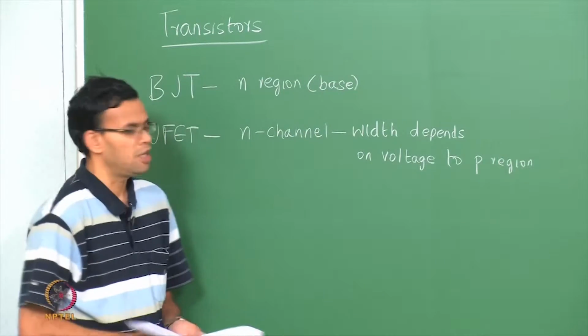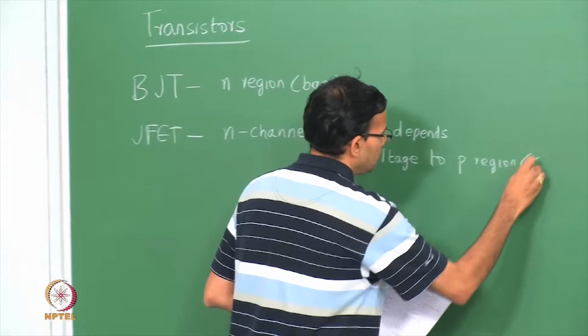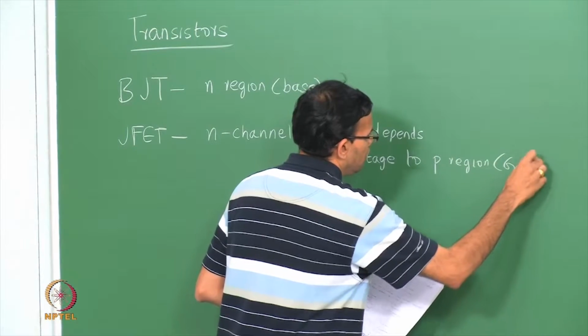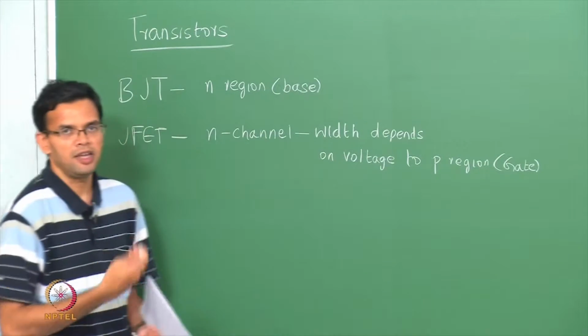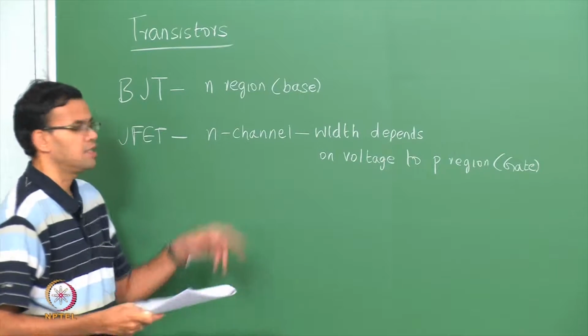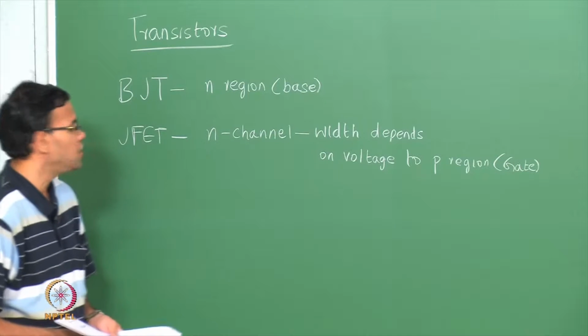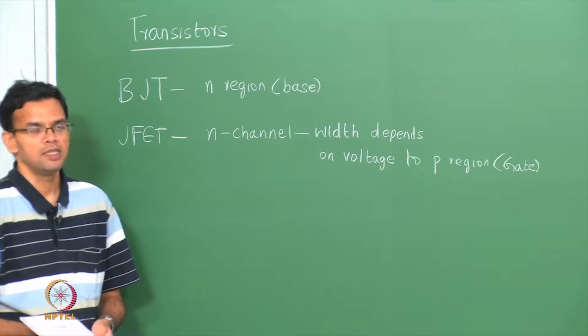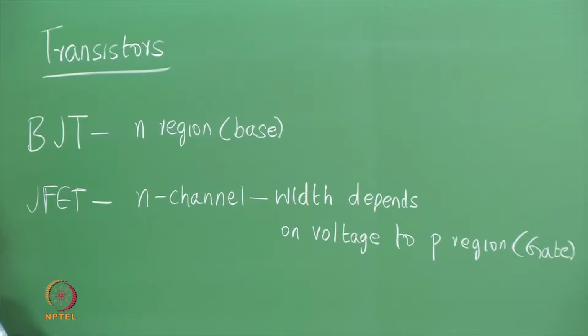So this essentially forms the gate, while we had a source and a drain, and the current went from the source to the drain through the N channel. So a BJT is a current control device, and a JFET is a voltage control device.